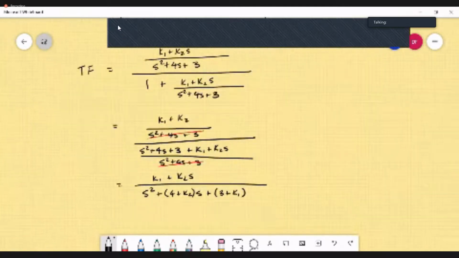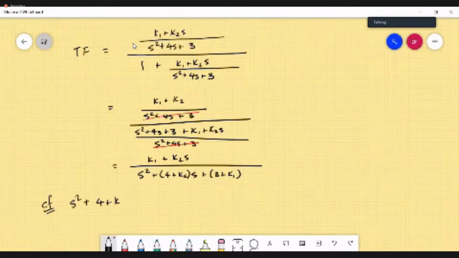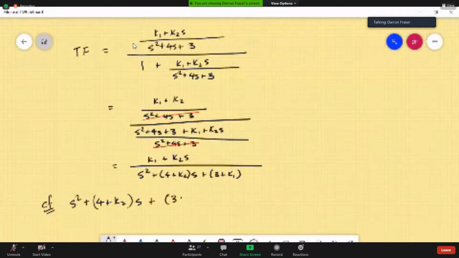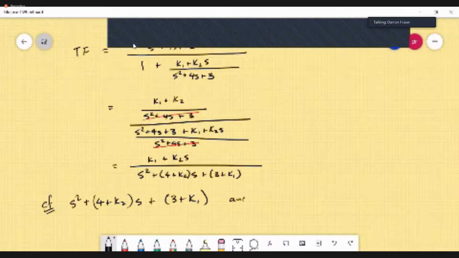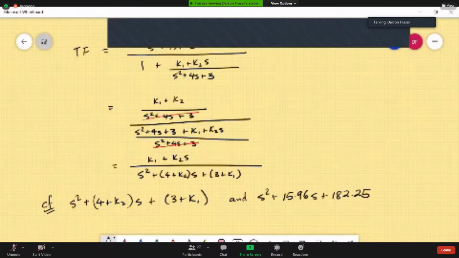So compare S squared plus 4 plus K2 S plus 3 plus K1 and S squared plus 15.96 S plus 182.25. Those are the two denominators that we are comparing.